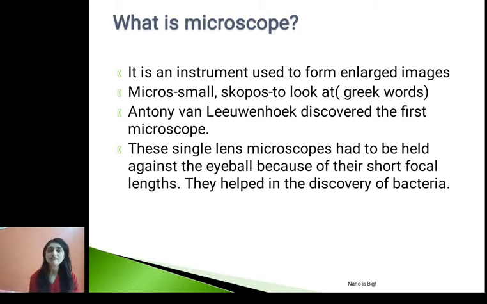Antony van Leeuwenhoek discovered the first microscope, and this single lens microscope had to be held against the eyeball because of its short focal length, and it helped in the discovery of bacteria. In fact, he made more than 500 different types of microscope, but he didn't get the appreciation he thought he would get, and that is how he destroyed most of his microscopes.